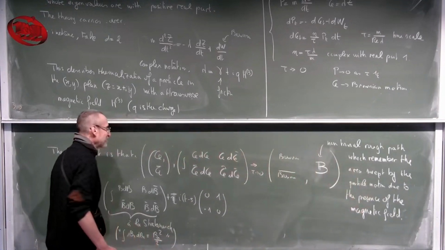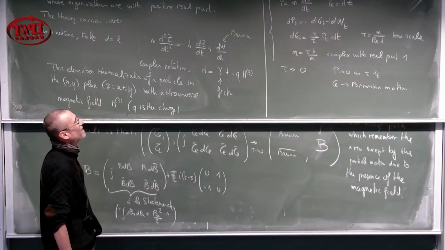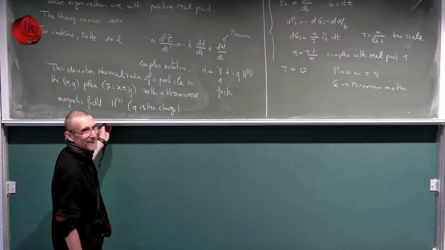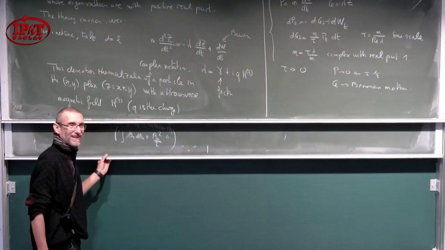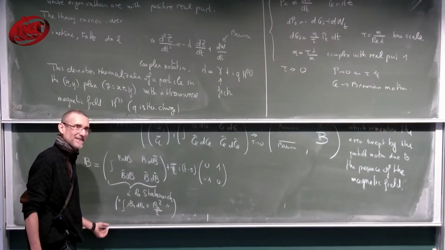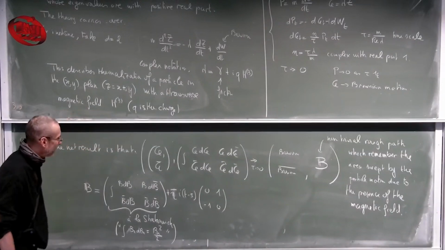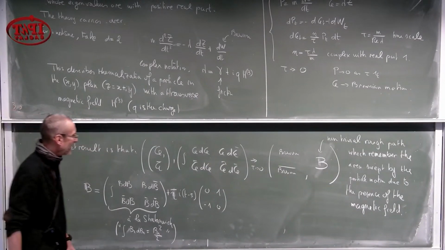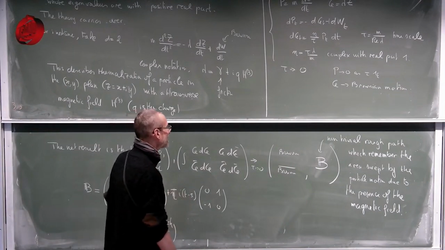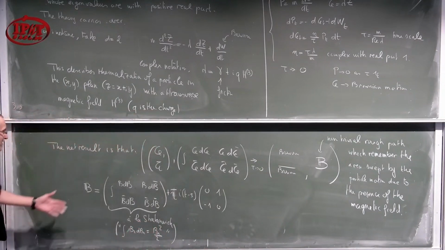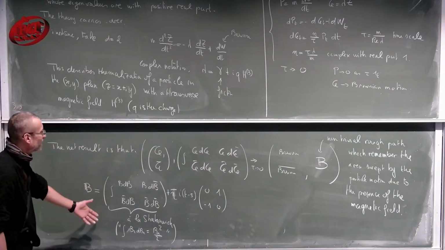So I would like to end now with something which is an even simpler process. To conclude, the effect of the magnetic field is this. Yes, there is an anomalous term, and this is defined using stochastic integrals.